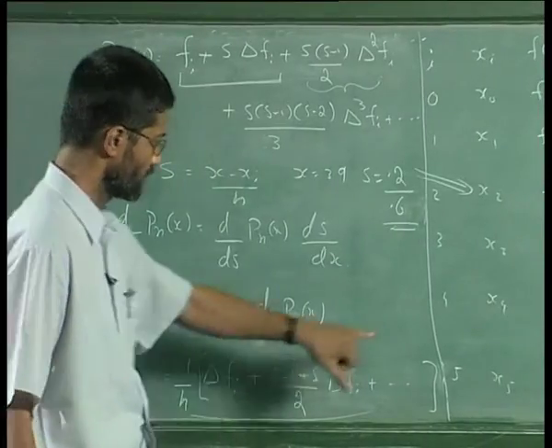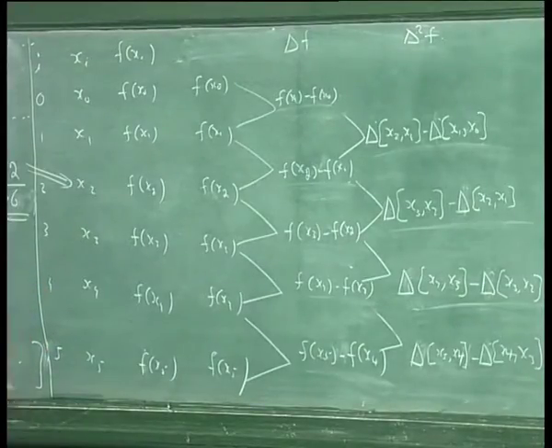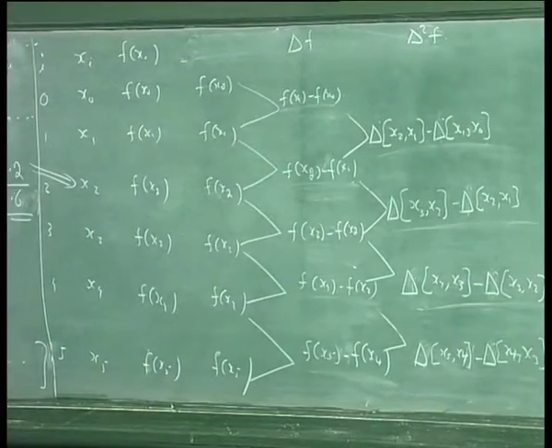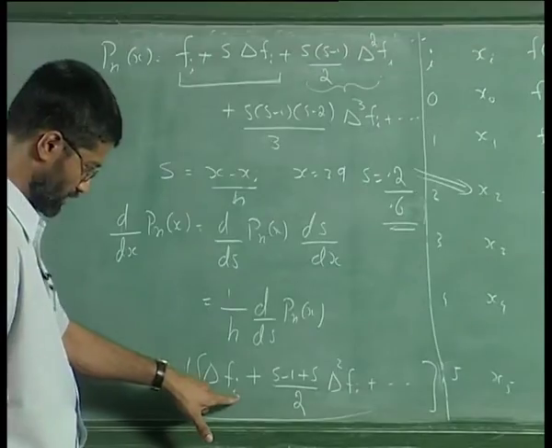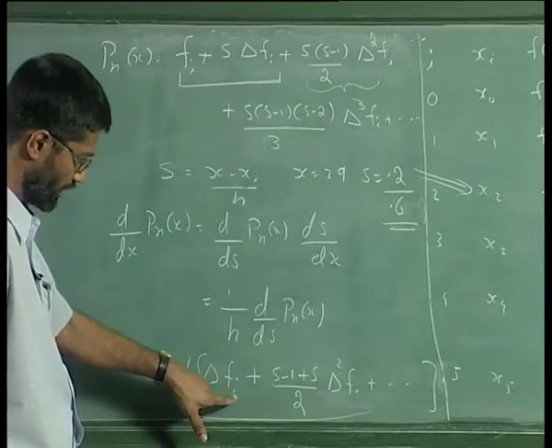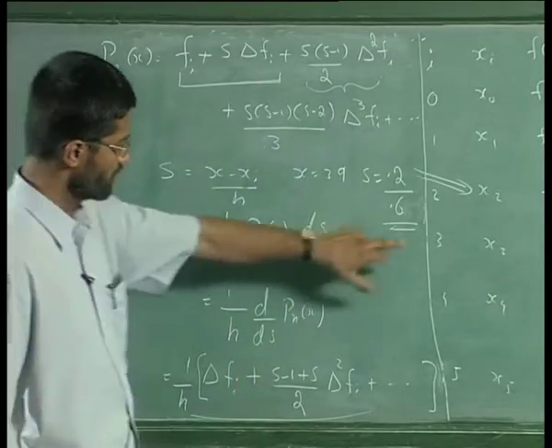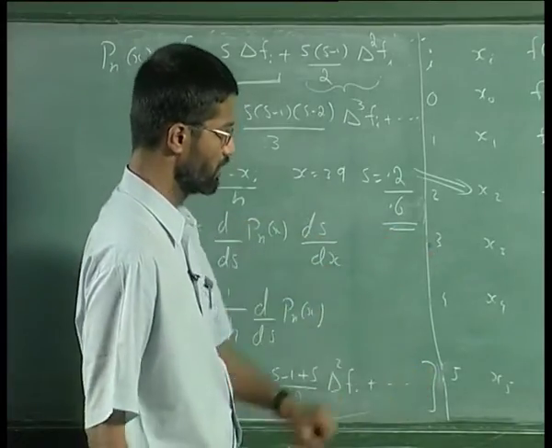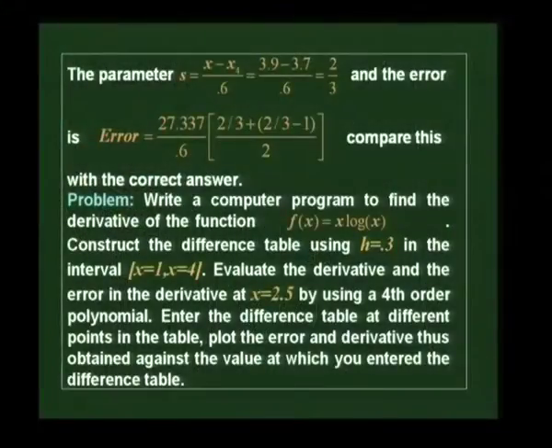Okay. So we had 4, and then we took 4, 5, and 6 points to construct this, but we could make it 3, 4, and 5. So you first enter at i equal to 4 and use a linear polynomial, and then enter at 3 and construct a quadratic polynomial, and then again compare the derivatives and see how much error you get.